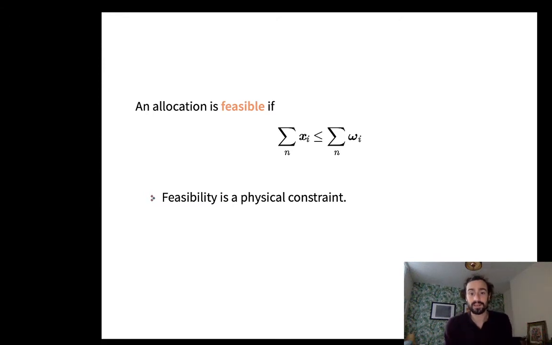That has to be less than the sum over the initial endowments of that same good, which is just the endowment of consumer 1 plus the endowment of consumer 2 plus and so on through the endowment of consumer n. That's the right-hand side.